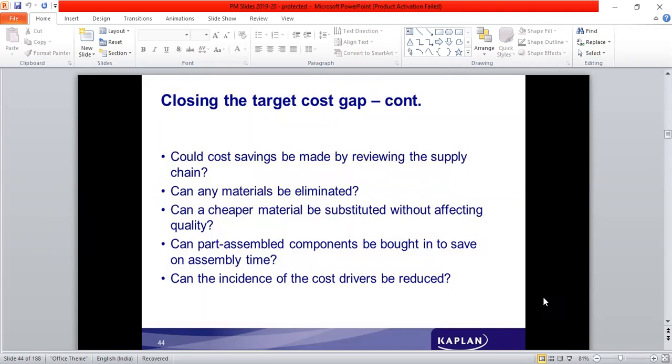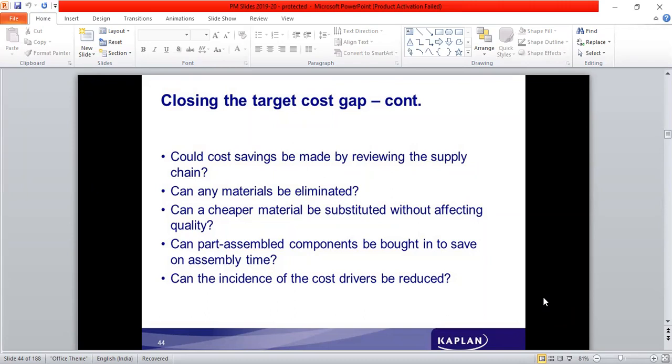Could cost savings be made by reviewing the supply chain? That is, supply chain is a sequence of activities starting from placing an order with the supplier, receiving the material from him, converting this material into finished goods, selling these finished goods, and delivering them to the customers. These are the sequence of activities connecting the supplier to the customer.